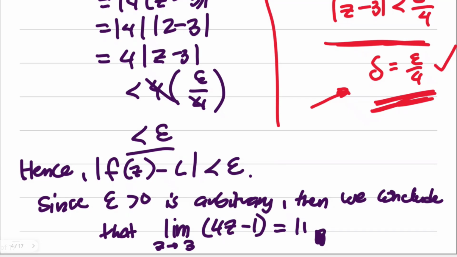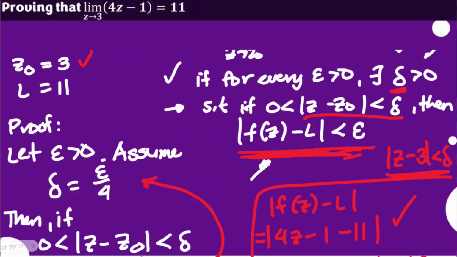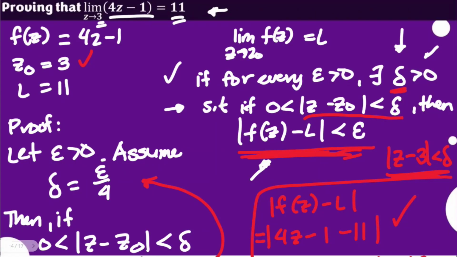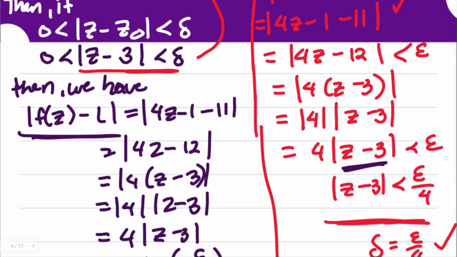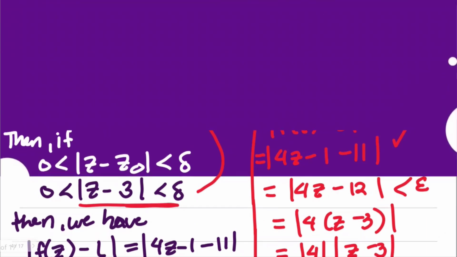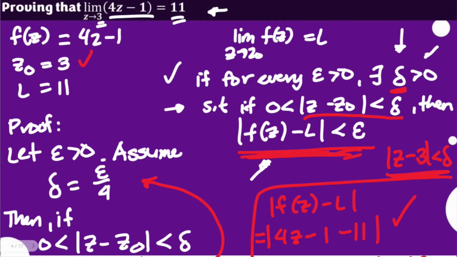This is the proof for this given item using this process. Now, take note, as mentioned, there are a lot of references which have different forms of proof. Some of them don't need this scratch work, just automatic substitution. Since this is a linear function, 4z minus 1, it's easy to assume certain values for your delta. But for instances where we cannot do that, scratch work is very important.